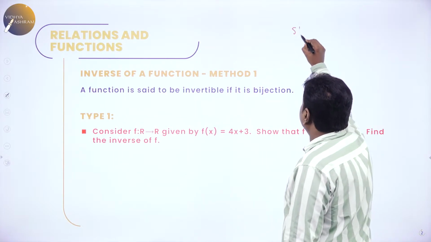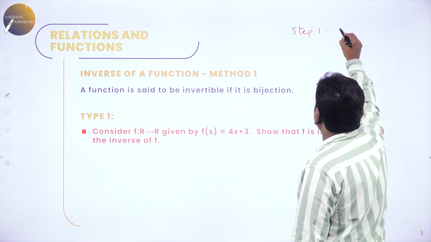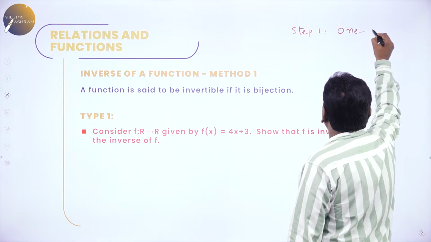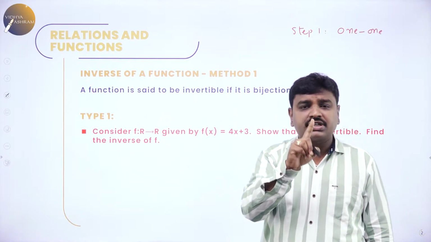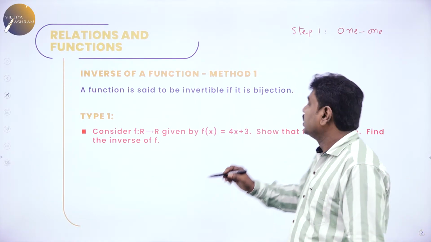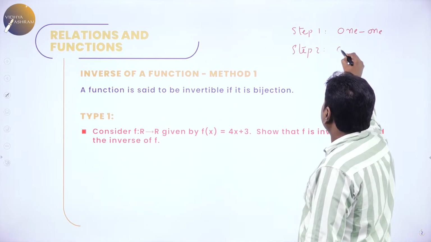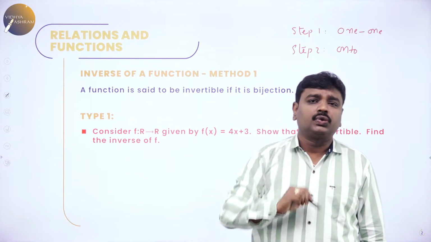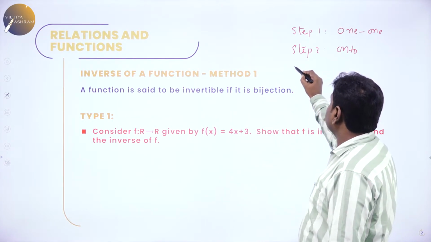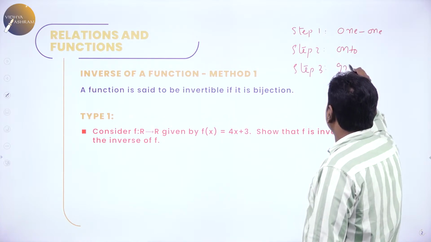Step 1, we prove the function is one-one. In the second step, we prove it is onto. Then in the third step, we find the inverse.